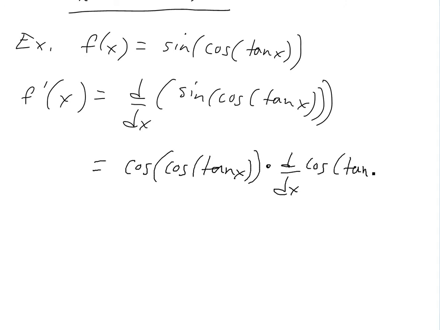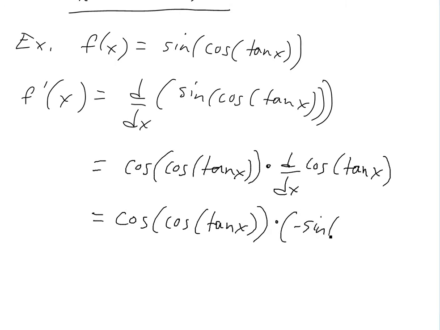So the next outer function is cosine. This is going to equal cosine tan x, and then times the derivative of cosine, which is negative sine tan x, times the derivative of the inside, d over dx of tan x.